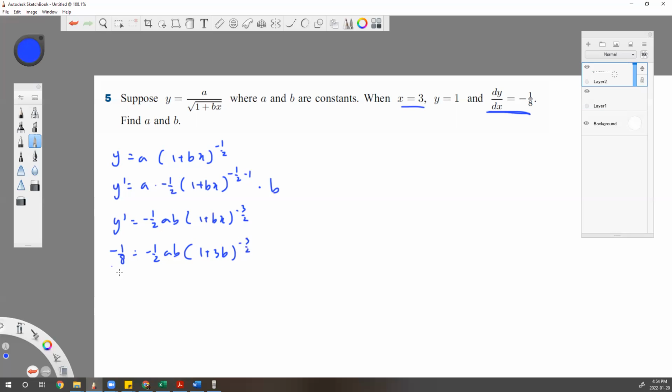We cannot do anything, but we can try to simplify this first. The derivative formula becomes 1 equals 3ab(1 plus 3b) to the power -3/2.